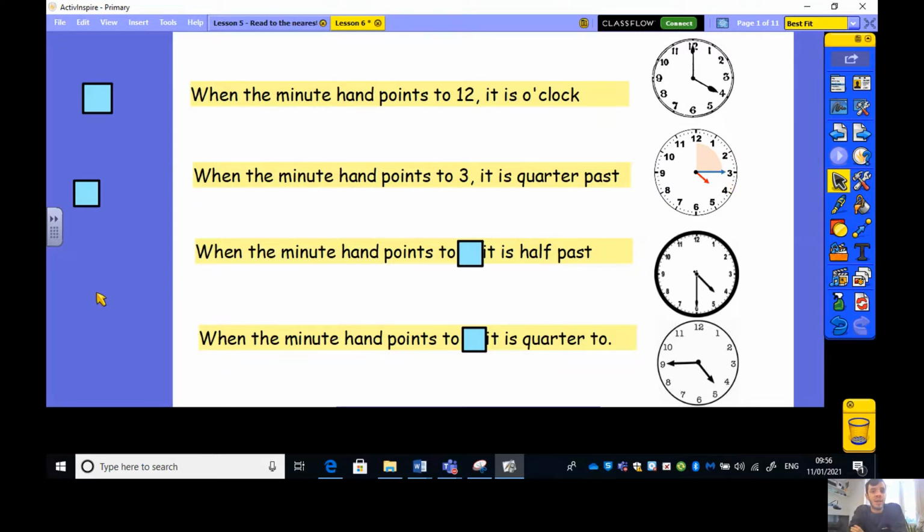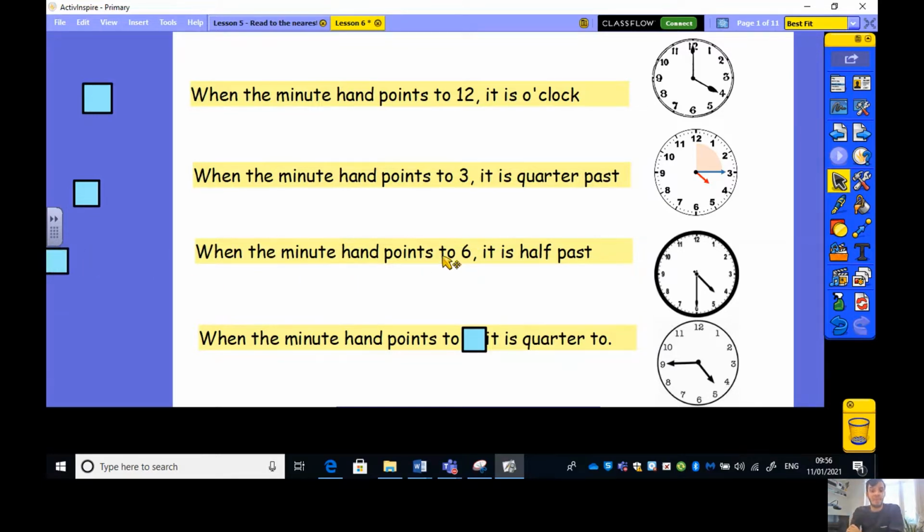Well done. When the minute hand points to something, it is half past. What number on the hour scale is the minute hand pointing to so we know it is half past the hour? Talk to your partners. And now tell me through the computer. Well done. It points directly to the 6.